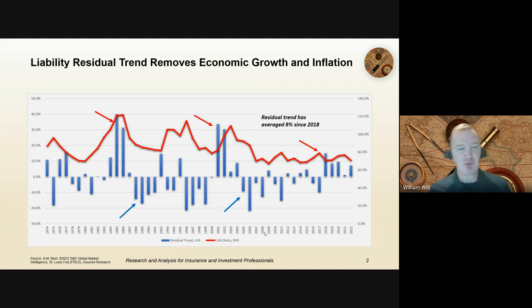What you see here in the blue bars, and in red, we're showing the liability loss ratio for those lines of business, which corresponds to the chart on the right hand side.